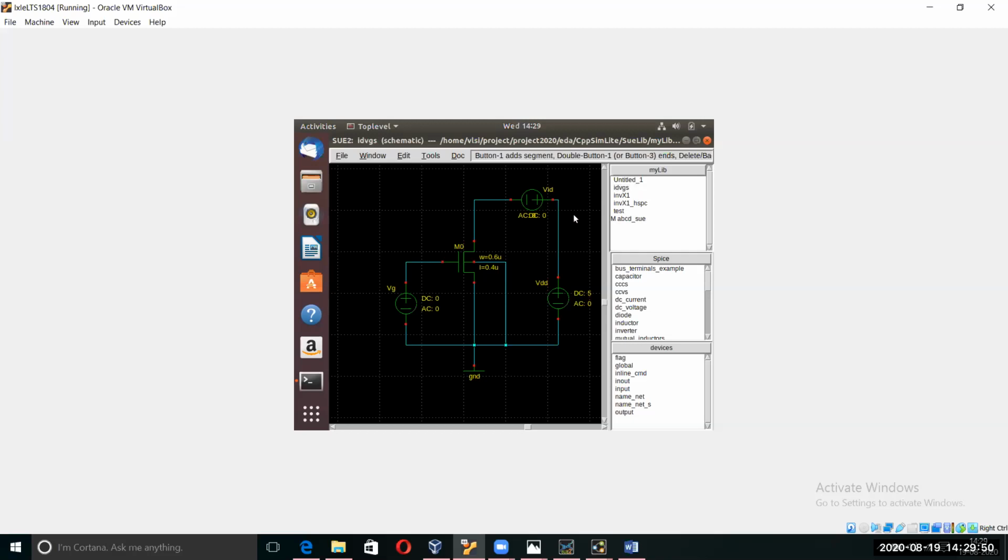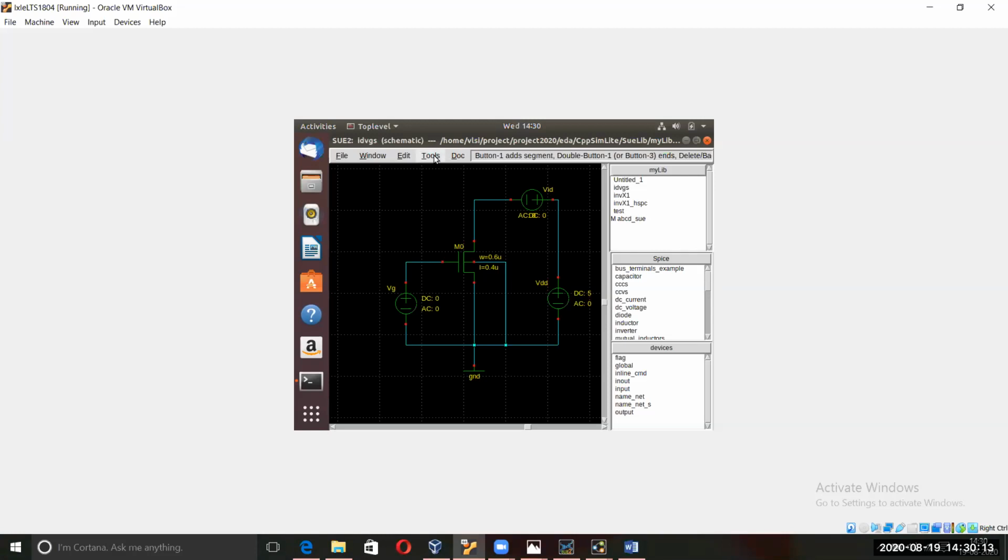That M means it's modified. You have to save the thing first, then go to Tools. So if it's not saved, then M will come.